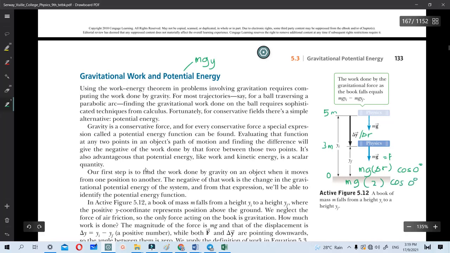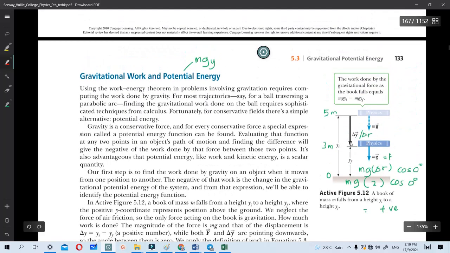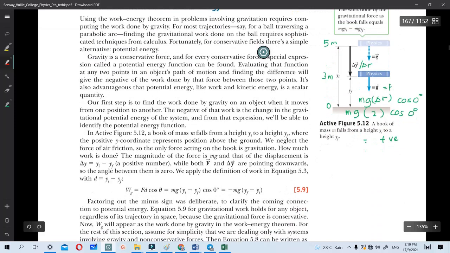What I'm tempted to say is, you should arrive with a positive value, because it's travelling in the same direction as the displacement. Now, when we develop an expression for calculating work by gravity, observe now, if we consider the concept of delta y, it will turn out to be something like this: negative mg times delta y, final minus initial.